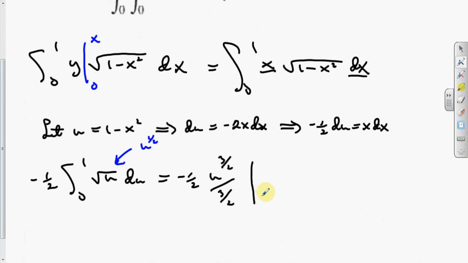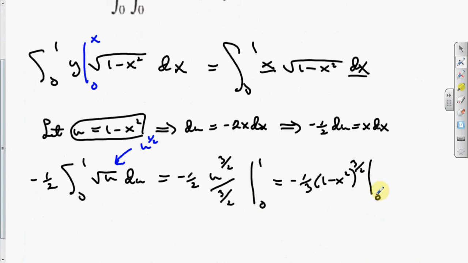That 1 minus x squared is actually being evaluated from 0 to 1. So we replace the u back with its direct substitution. This is negative 1/2 divided by 3/2, so the 2 goes upstairs, and this becomes negative 1/3 times 1 minus x squared to the 3/2 power, evaluated from 0 to 1.